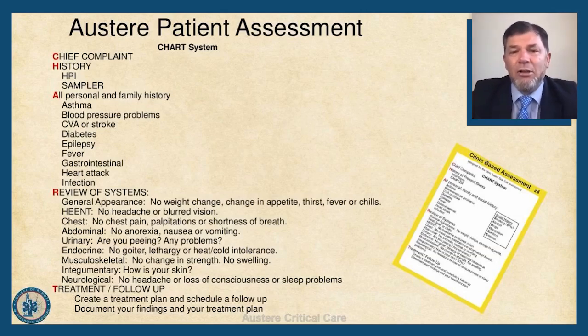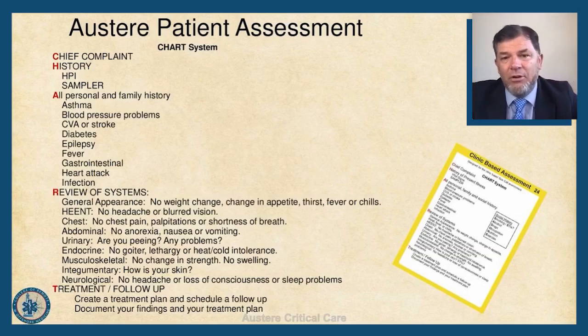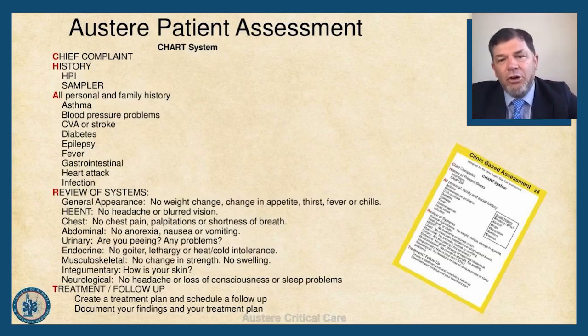We're asking them a lot deeper questions than you would as an EMS or paramedic practitioner. R in CHART is review of systems. We're doing full head to toe, but we're doing a doctor level review of systems, and we have 8 pages in our field guide where each system is discussed. And then T in CHART is treatment, follow-up, differential diagnosis.